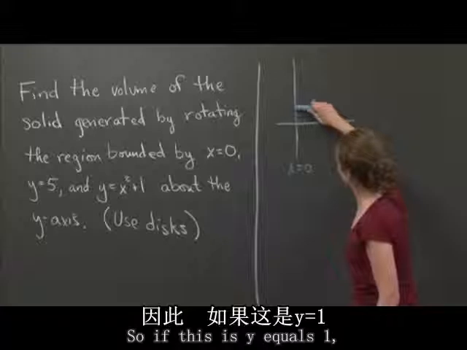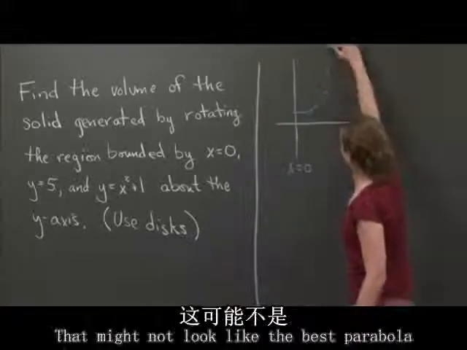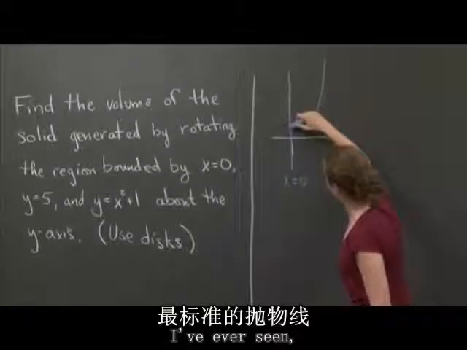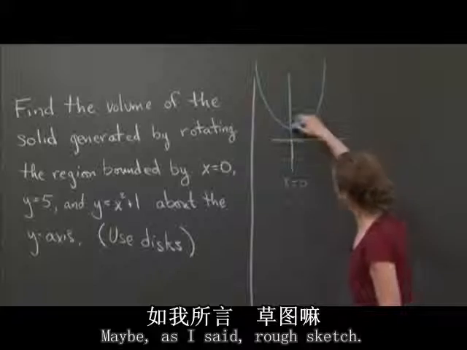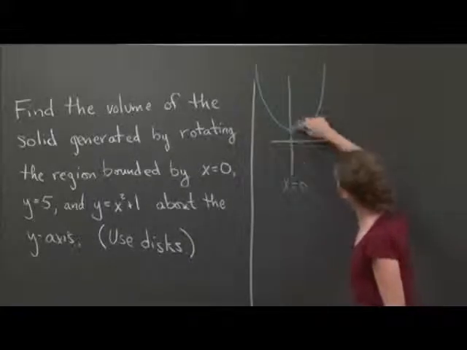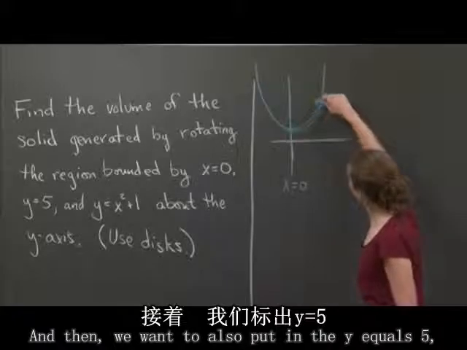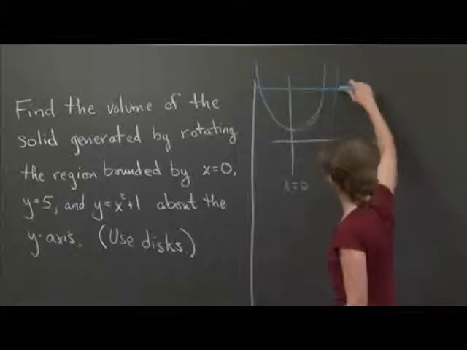So if this is y equals 1, then it's roughly something like this. That might not look like the best parabola I've ever seen, but as I said, it's a rough sketch. And then we put in y equals 5, which is roughly about here.